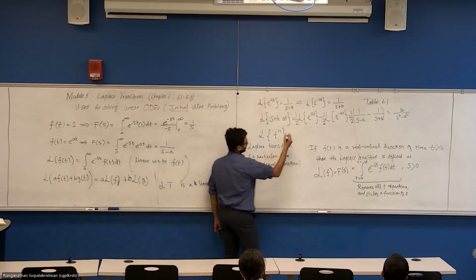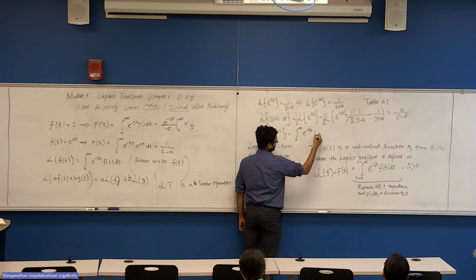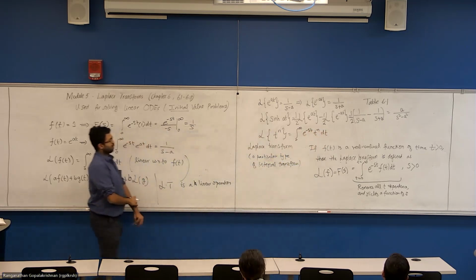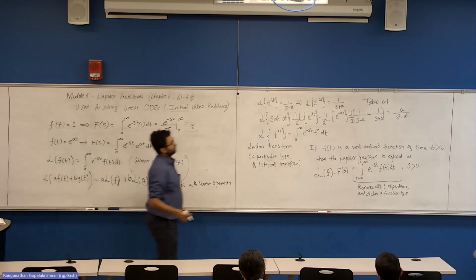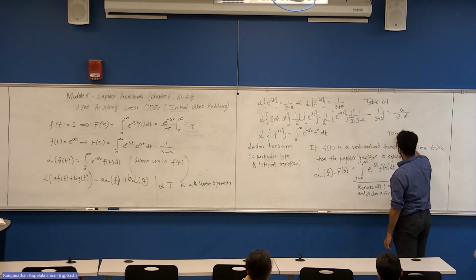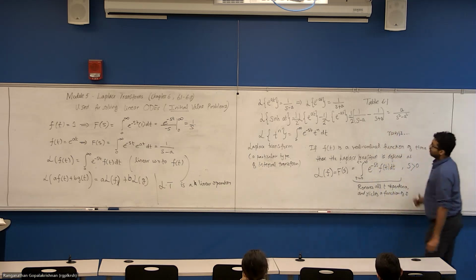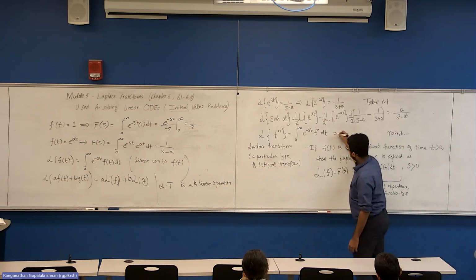That is the integral from 0 to infinity of e power minus st times t power n dt. We will do integration by parts, right? Where n is some non-negative integer. You'll do integration by parts, which you can do.